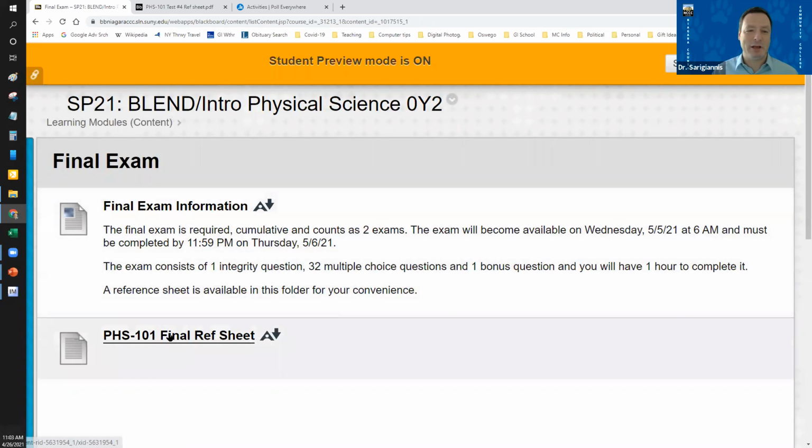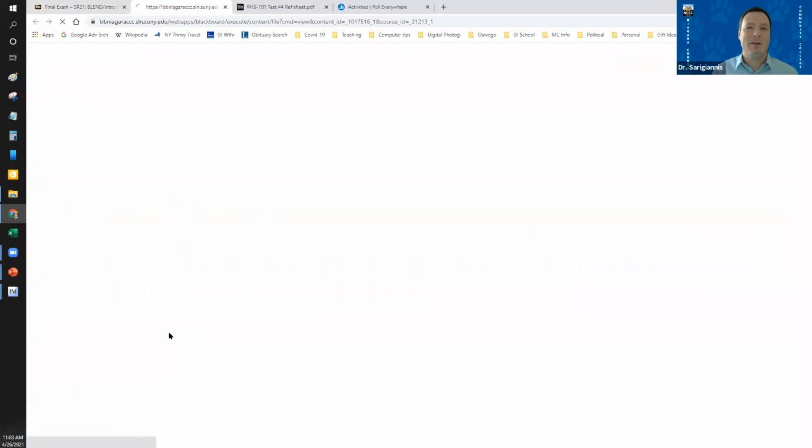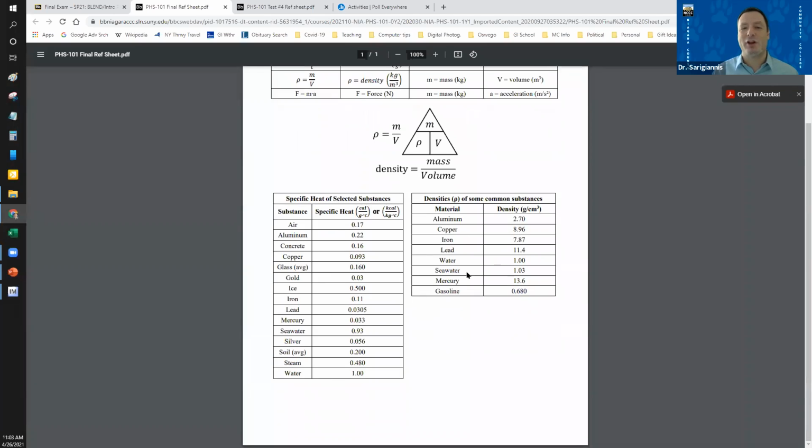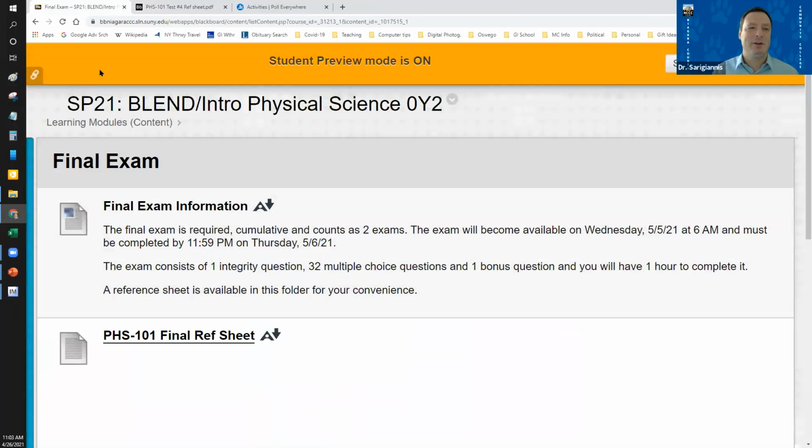You have an hour to complete it. Here's the reference sheet for the final. You can see it's pretty small. There's some significant figure stuff that you hopefully have memorized, or, I mean, you have your sig fig packets. But this is all you're going to need for the final exam. And that's in that folder.